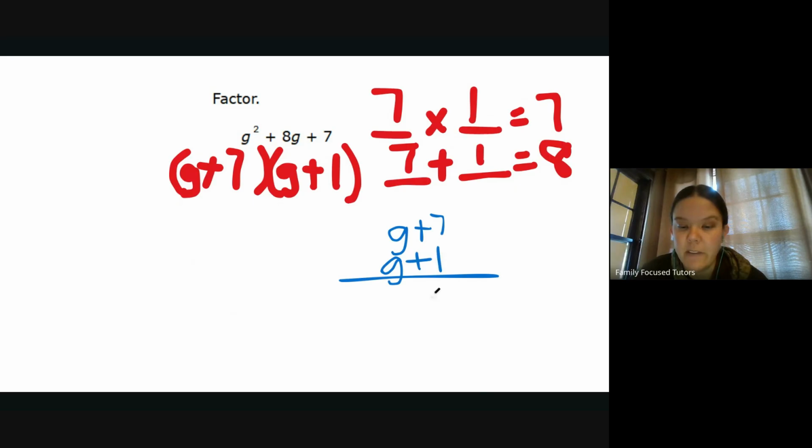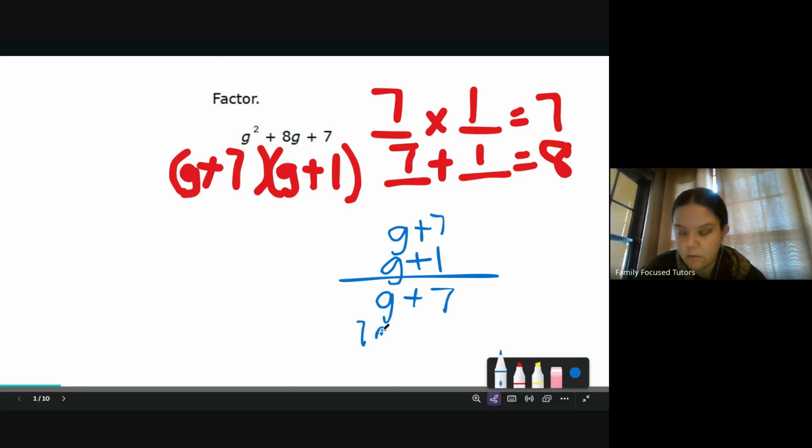1 times 7 is 7. 1 times G is G. And then G times 7 is 7G. Sorry, my mouse was not working. And then G times G is G squared.